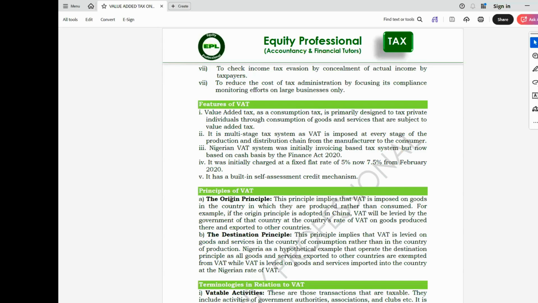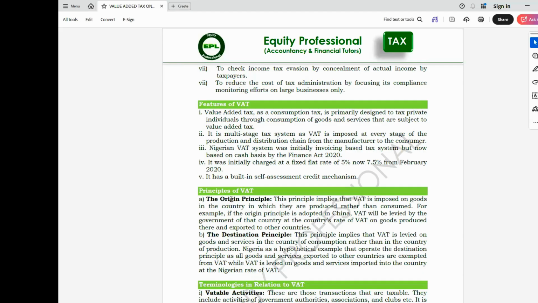So most of these developed countries, especially China, which is a producing country, adopt the origin principle. Any item that is moving from China, value-added tax is usually added on that item, irrespective of whether you are going to consume that item in their country or not. Because they are already developed and producing, they charge value-added tax, since you cannot do without those goods or services.